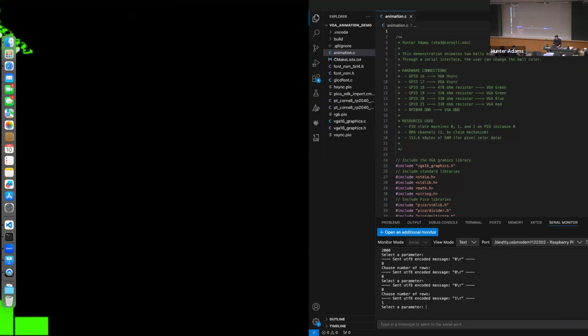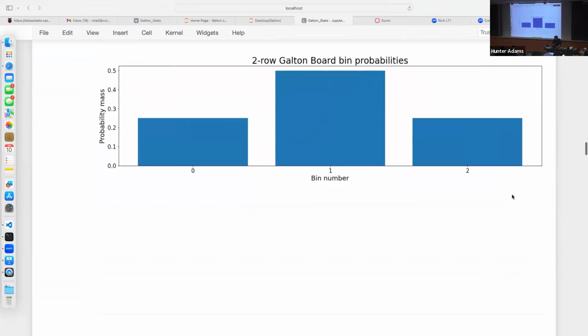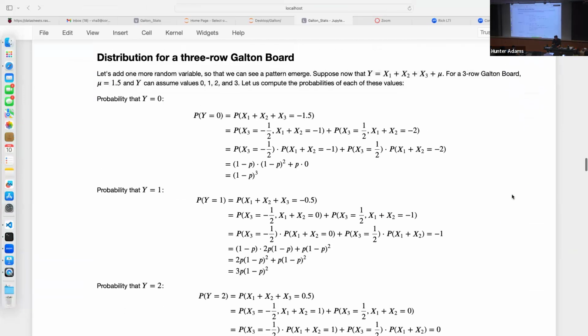Okay, so then I won't necessarily go through every step of the next one, but we can continue this process. So we've figured out a 1-row Galton board, we figured out a 2-row Galton board. You could figure out a 3-row Galton board where you ask what's the probability of landing in bins 0, 1, 2, or 3.